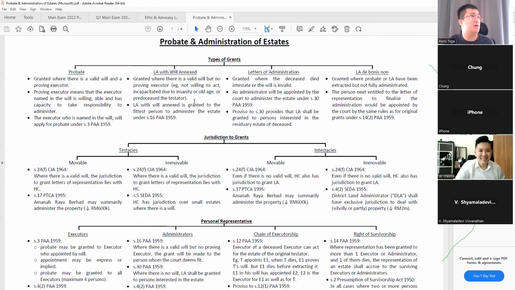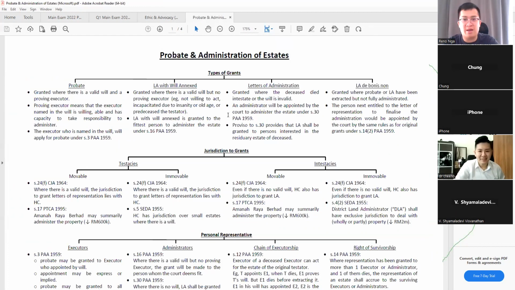two types. Although just now I mentioned we only have two types, probate and LA, in certain situations you have a will but you don't have a proving executor. Let's say today Reno prepares a will and appoints Dr. Chi as my executor. When Reno passes away, Dr. Chi says, I don't want to become an executor, I don't want to act for Reno because Reno is a very bad guy.